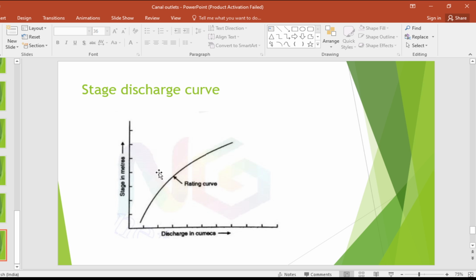The stage discharge curve is the curve between discharge and the depth of water in the channel section at particular stages. Now, this stage or depth is plotted as the ordinate. Here you can see that stage in meters is plotted on the y-axis, and discharge in cumecs is plotted on the x-axis.